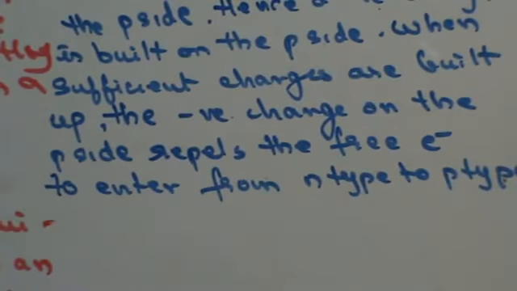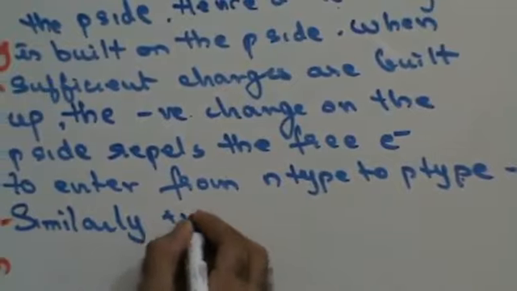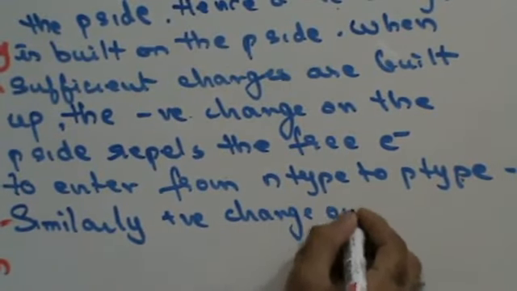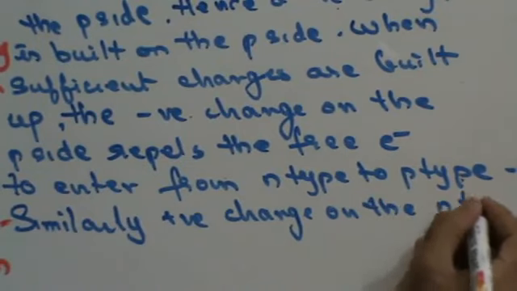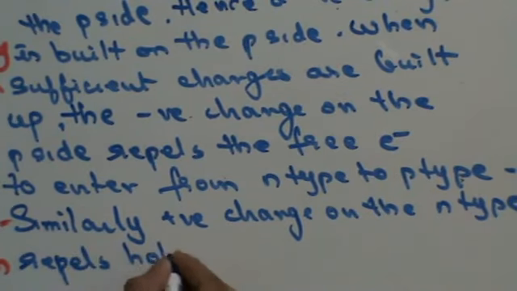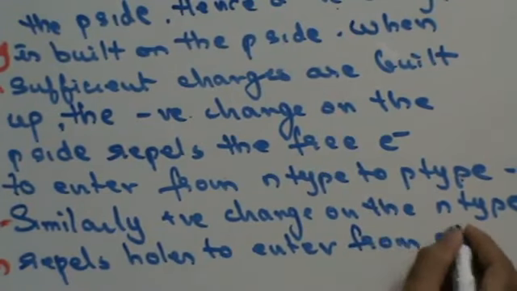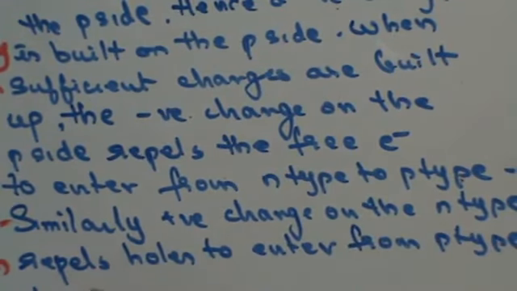The electrons, because of the like charges, can now not enter from the N type to the P type. Similarly, positive charge on the N type repels holes from entering from P type to N type.